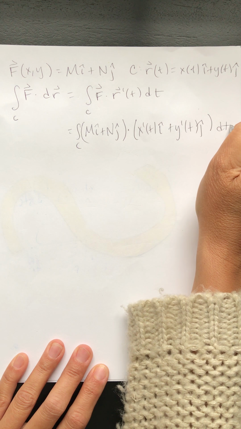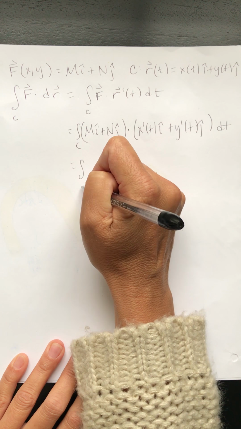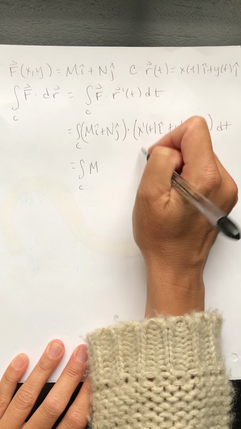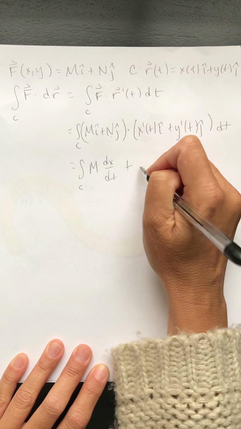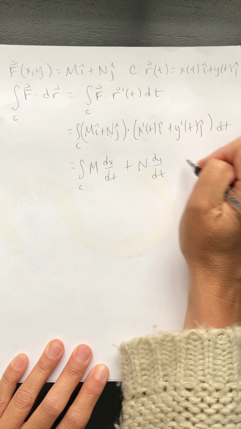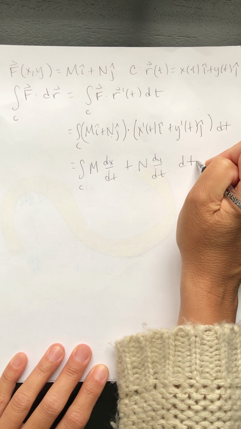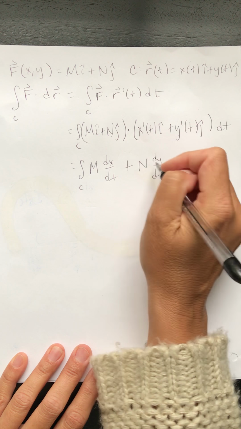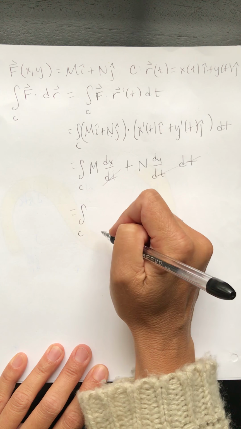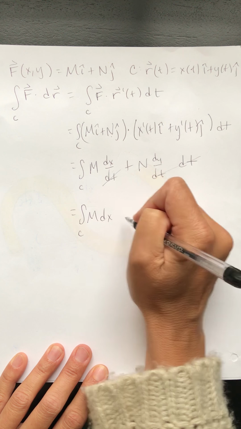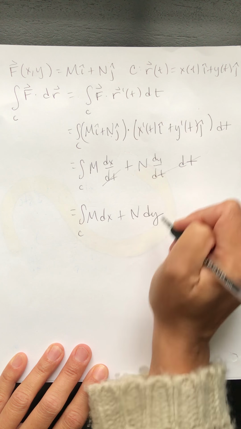So when I dot them, I actually get M times dx/dt plus N times dy/dt, all dt. And these sort of in our mind will cancel. And so the shorthand version of this is to write M dx plus N dy.